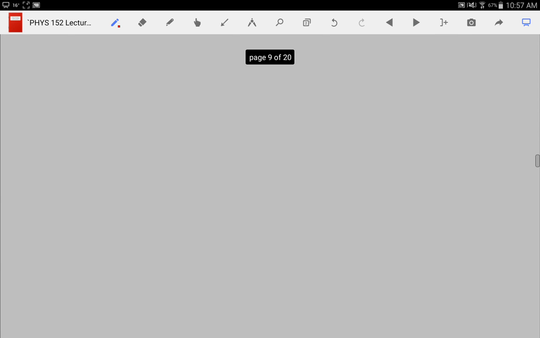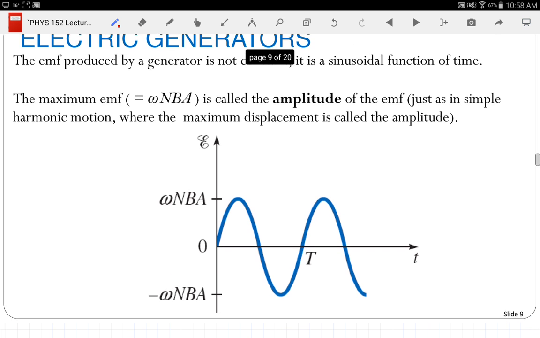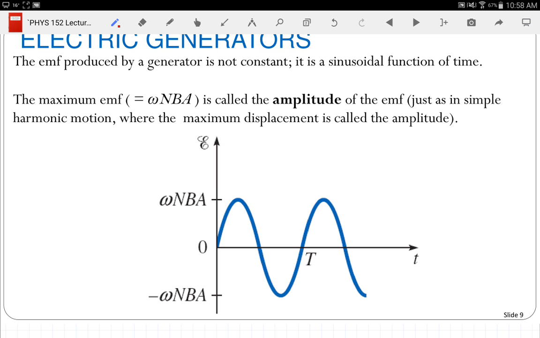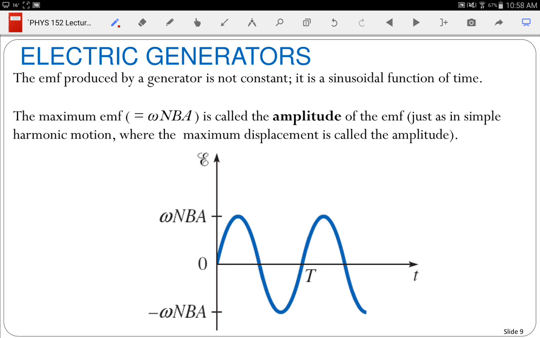Okay, so this gives you a sinusoidal voltage. Simplest question one can ever ask about the sinusoidal voltage: what is the average EMF? It's 0.